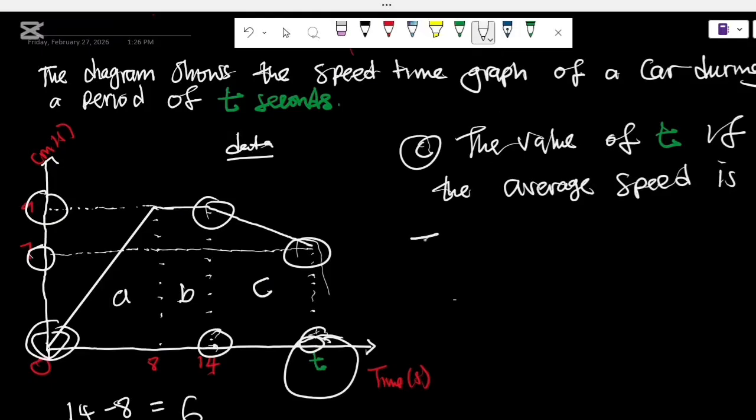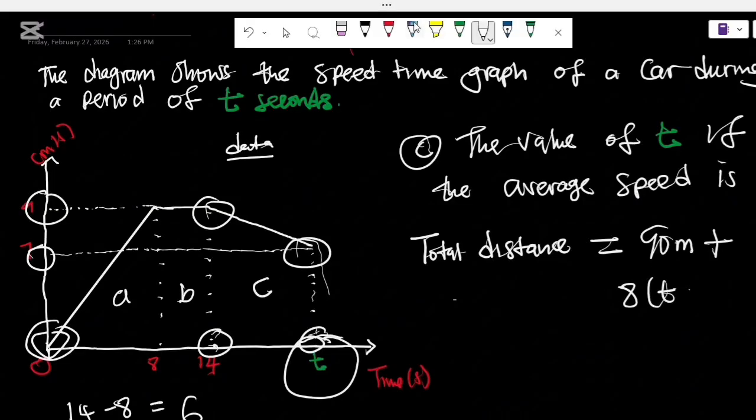So the total distance is going to be equal to 90 plus, and this is 8 times (t minus 14).